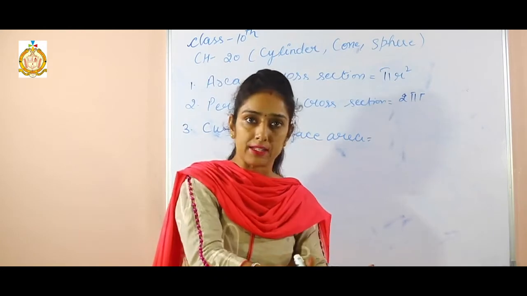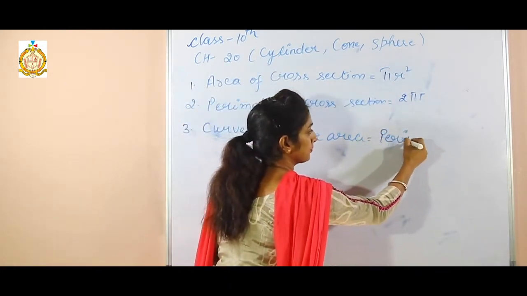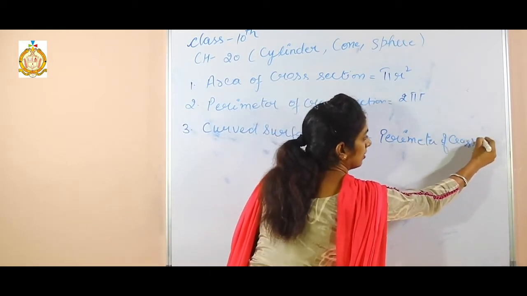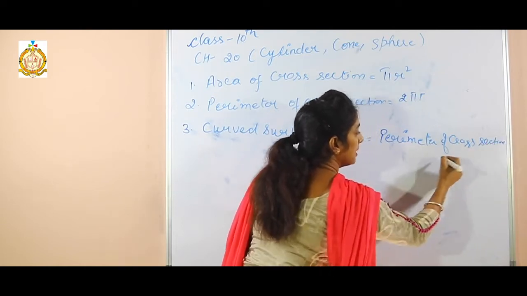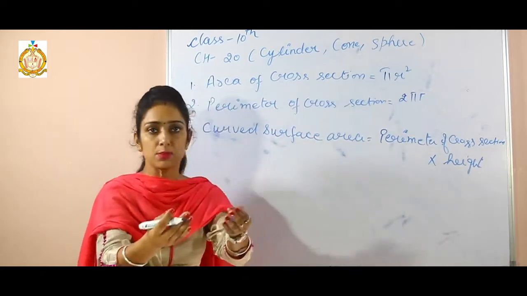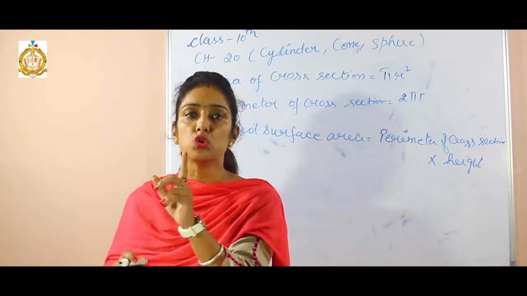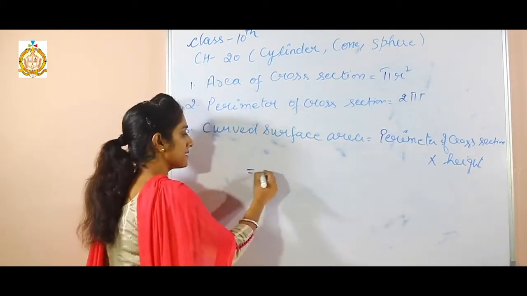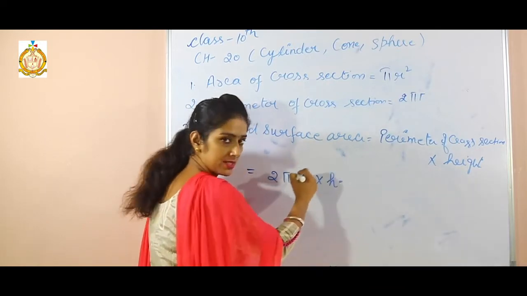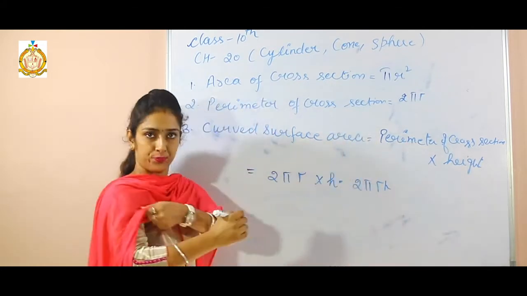So you can write it as perimeter of cross section multiplied by height. Now, what is the perimeter of cross section? Perimeter of cross section is 2 pi r. 2 pi r multiplied by height, which equals 2 pi r h, right?